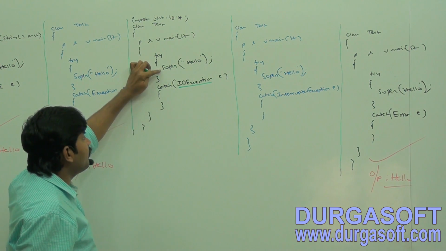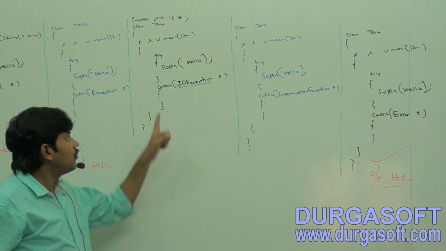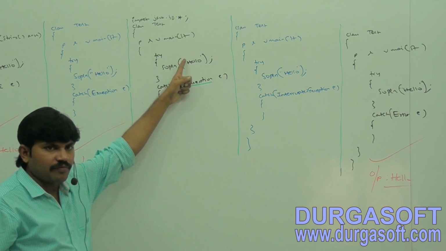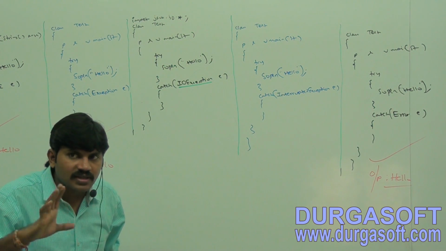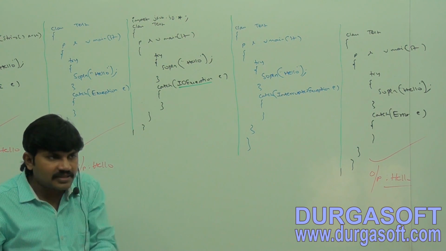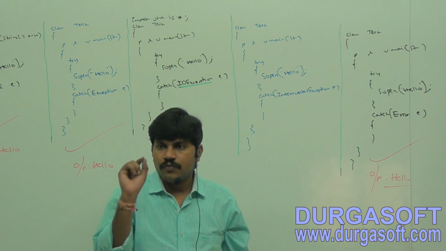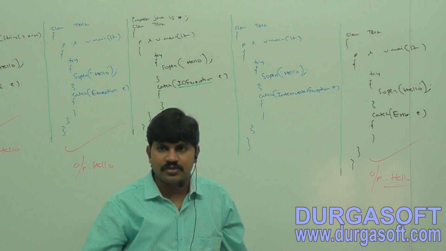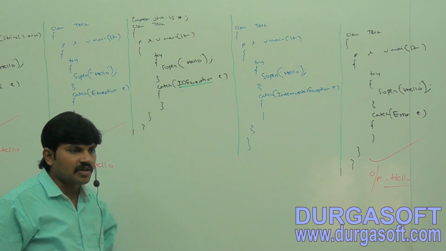Within the try block, am I performing any IO operation? No, we didn't perform any. So in the try block there is no chance of raising an IOException. If there is no chance of raising an exception, then we can't write a catch block for that. If there is no chance at all, how can you write a catch block? We are unnecessarily wasting a catch block.